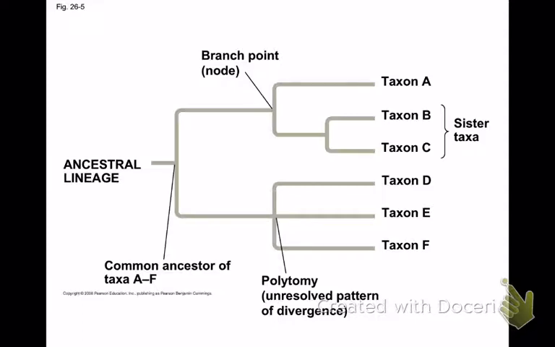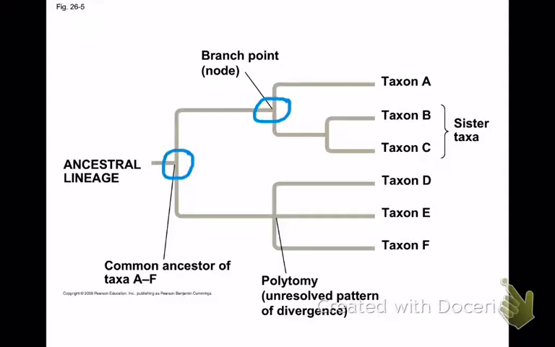So we want to also be able to diagram our hypothesis about the evolutionary relationships between organisms, and we display this on a phylogenetic tree. Each branch point or node represents a common ancestor.